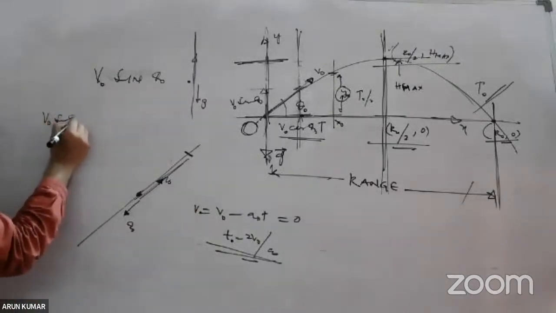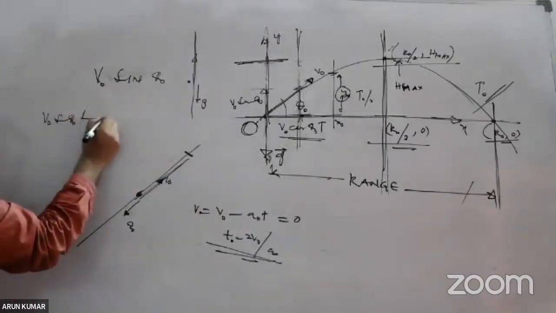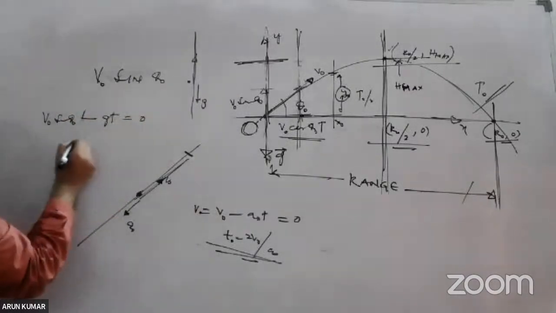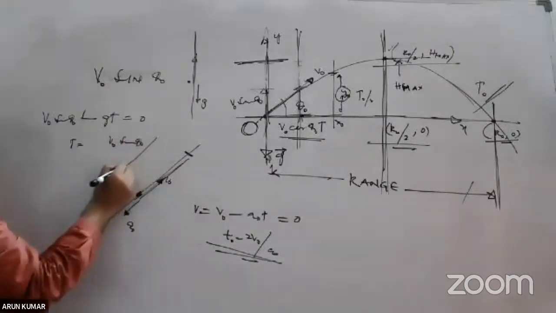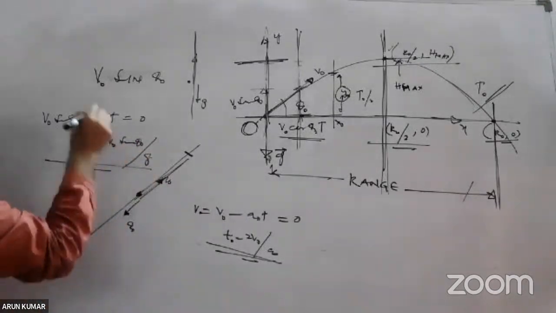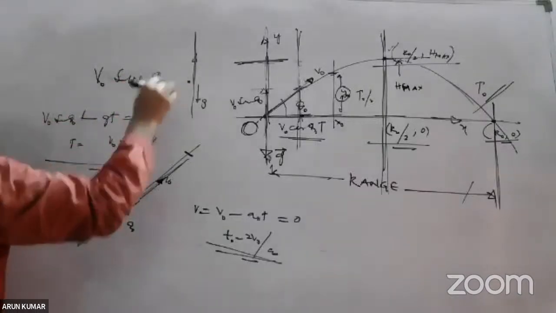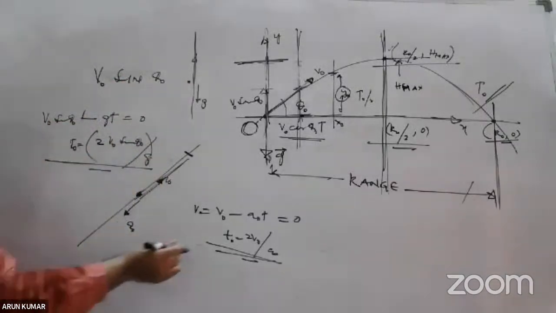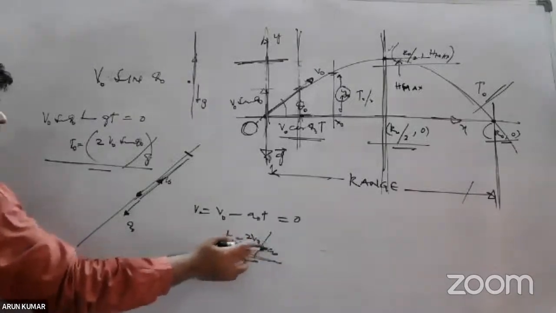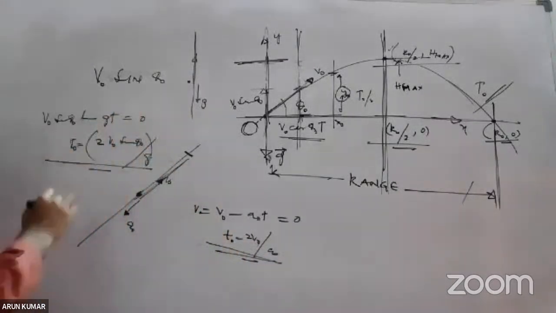V0 sin theta minus GT equal to 0. So T is equal to V0 sin theta by G. This is the time after which the particle stops. It will again come back to the same point in time 2 V0 sin theta by G. So 2V by A ఉంది, ఇక్కడ A ప్లేస్ లో G ఉంది, V0 ప్లేస్ లో V0 sin theta ఉంది.